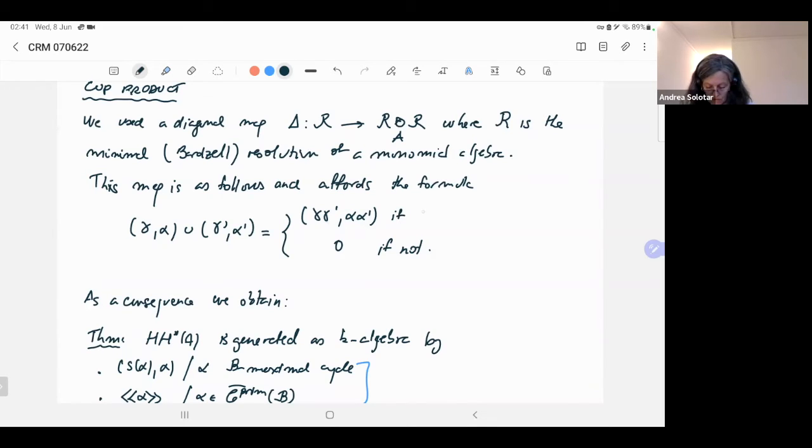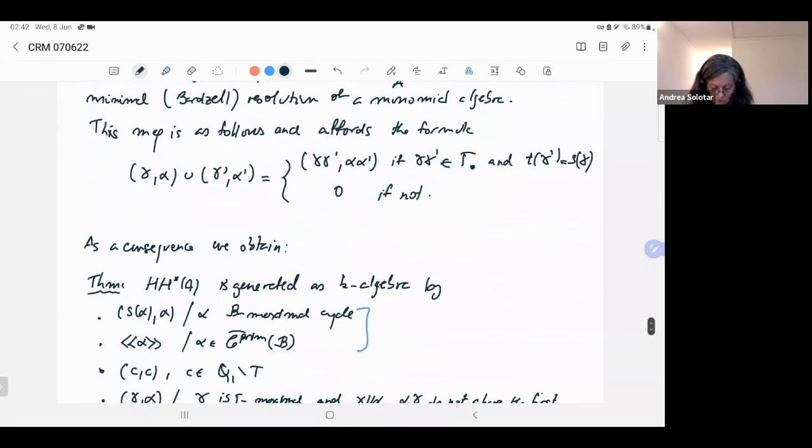And so if gamma gamma prime belongs to the corresponding set in the resolution, and the terminus of gamma prime is the source of gamma, and 0 if not. So it's quite easy as a formula.